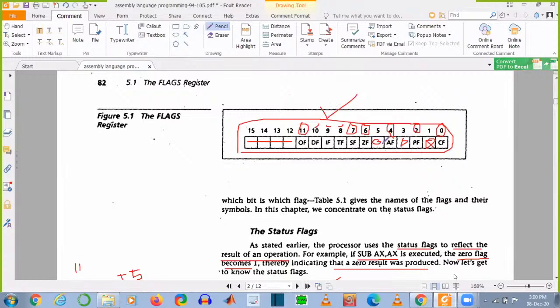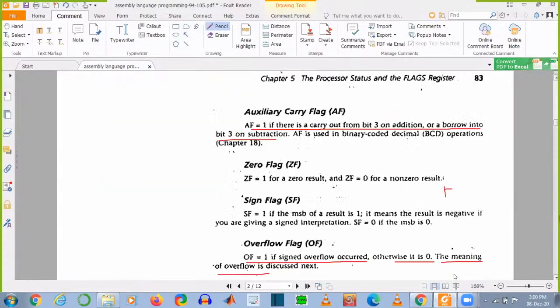Sign overflow affects which flag? Overflow flag, sir. And unsigned overflow affects? Carry flag, sir. Okay. Look, so sign overflow affects overflow flag, and unsigned overflow affects carry flag.